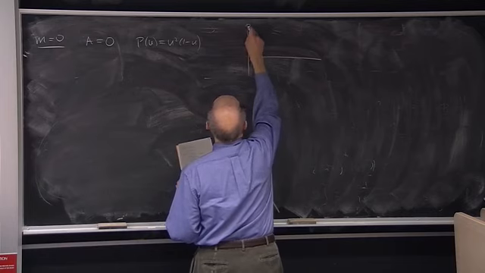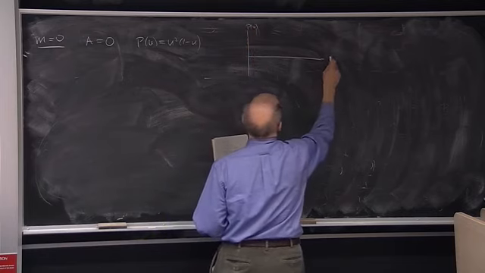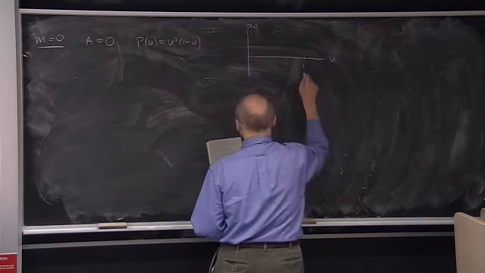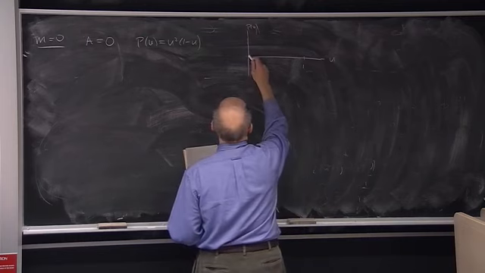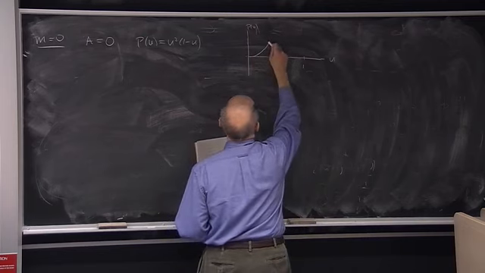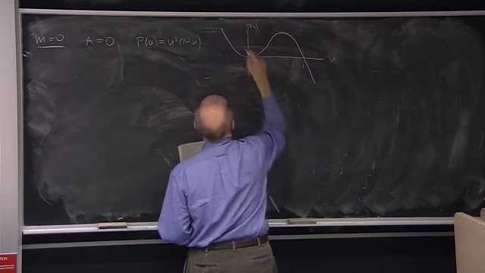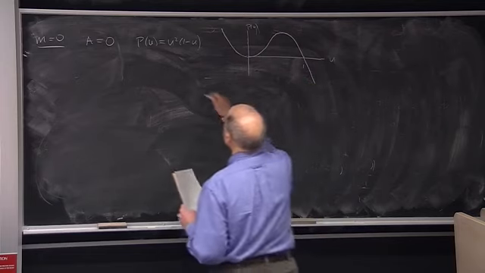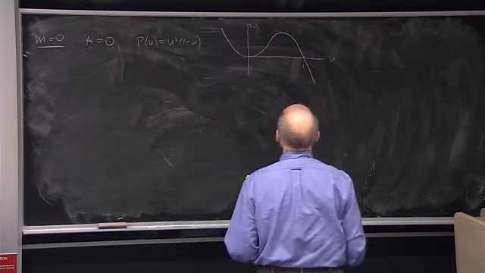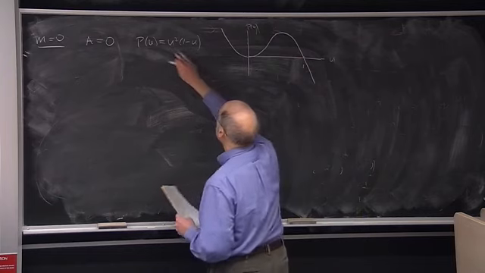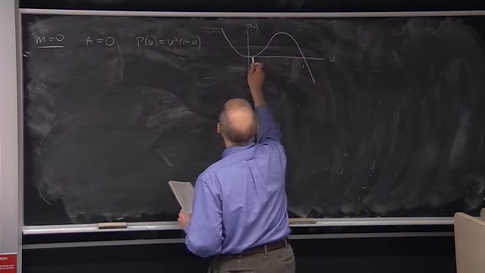So this is P of u. This is u equals 1. The only difference is that now one of the roots is actually at u equals 0, as one can see here. In the neighborhood of u equals 0, it just looks like a parabola.